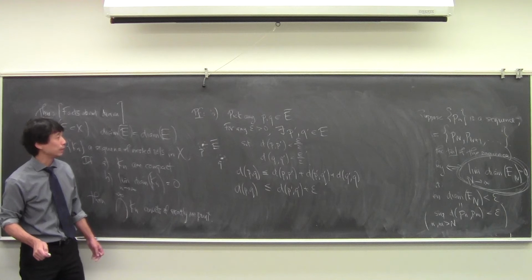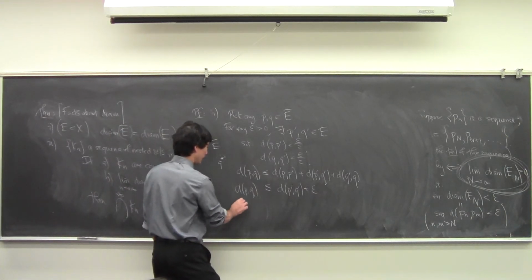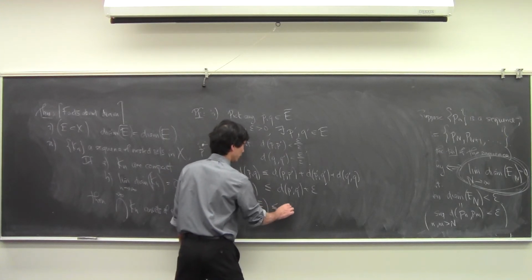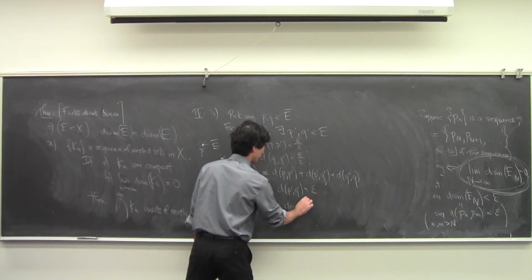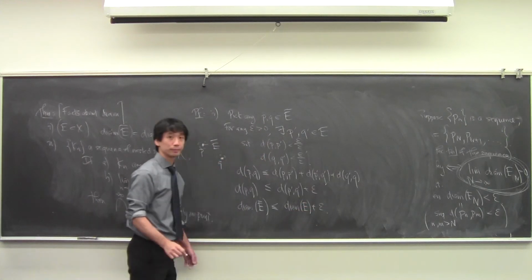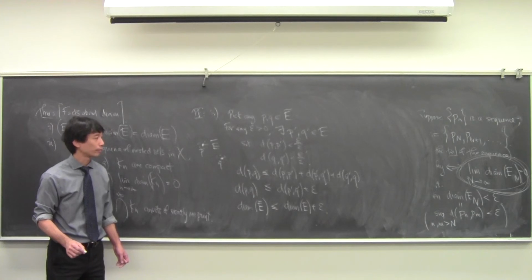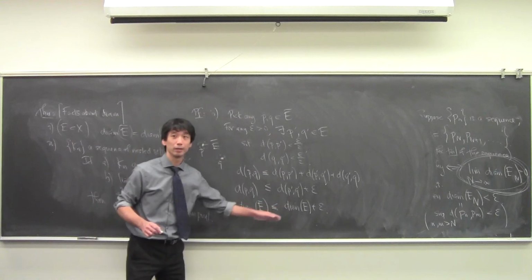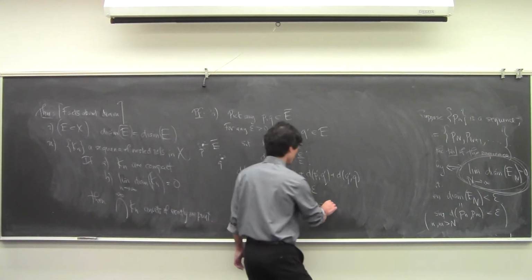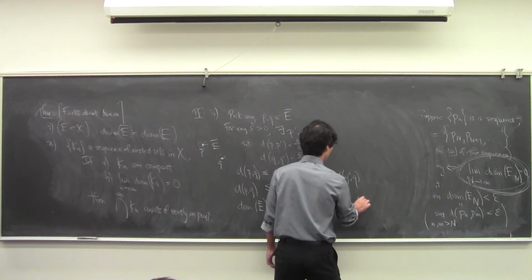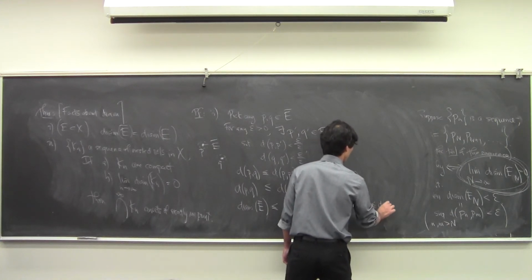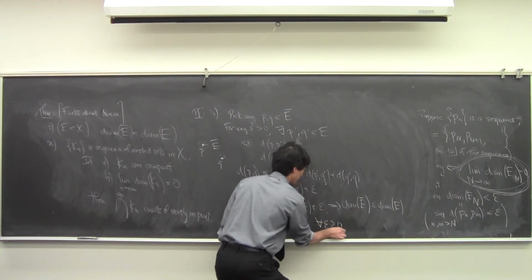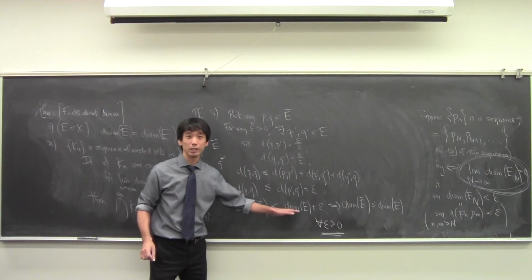Right, but that tells you that the diameter of E bar is smaller than the diameter of E plus epsilon. Right, for any epsilon. And so that tells you that when you threw in the limit points, you didn't increase the diameter.